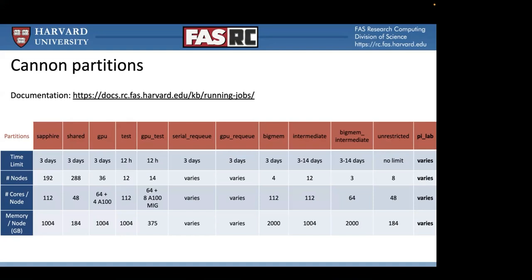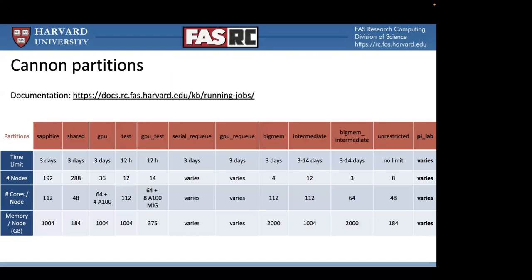The thing about the serial requeue partition is that your job might be up to 50% or so complete before it needs to stop and then gets requeued elsewhere. Then it starts again from the beginning. So we don't recommend jobs that are really complex be on here, or jobs that can't handle that kind of interruption, especially if you're appending output to a file, because then you need to know when one run completed and the second one started.